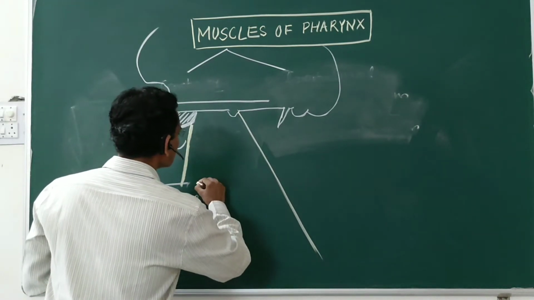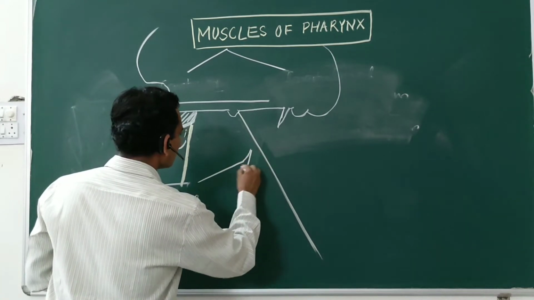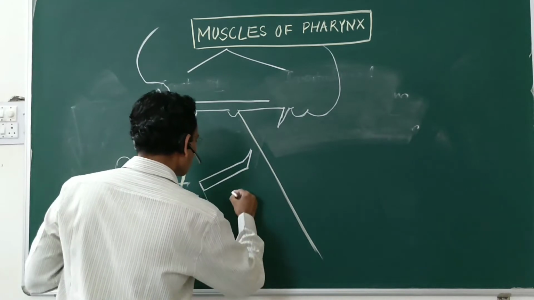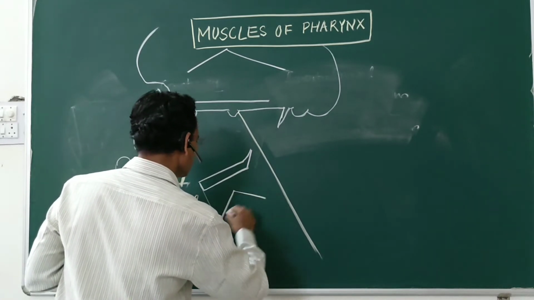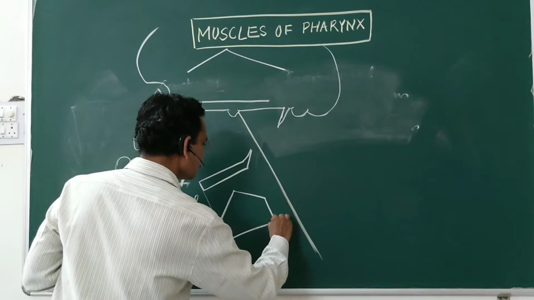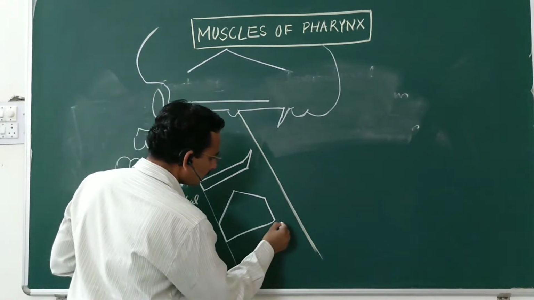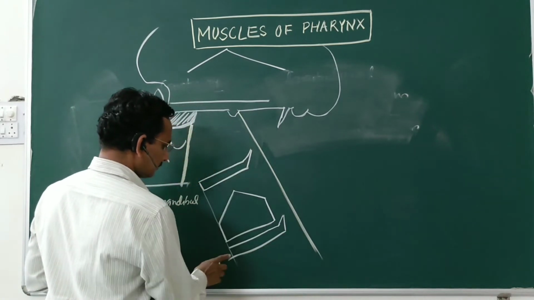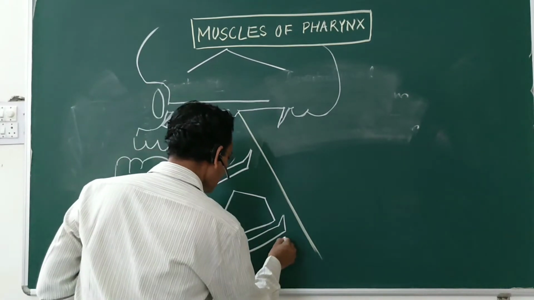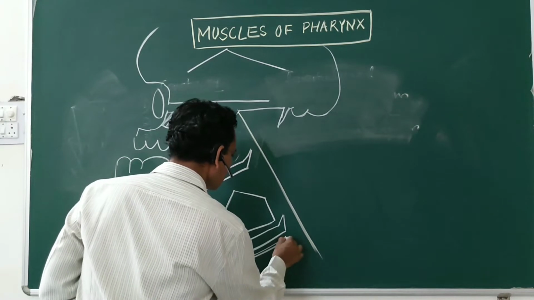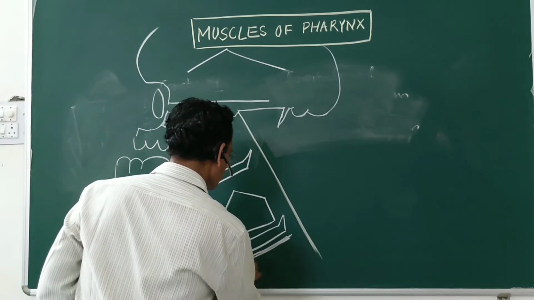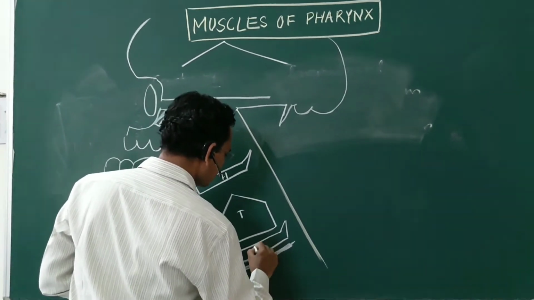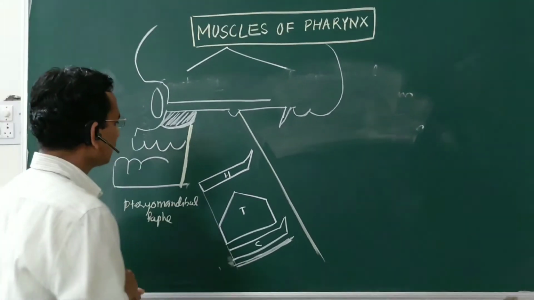Now see this, there is the hyoid bone. Below the hyoid bone there is the thyroid cartilage, and here is the cricoid cartilage, and below here the trachea and so on. This is the hyoid bone, this is the thyroid, and this is the cricoid cartilage.